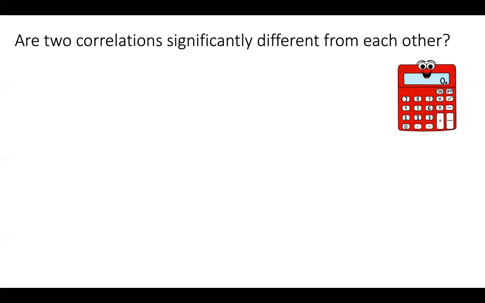Or they were interpreting it as a significant difference if the correlation coefficient for one group was significantly different from 0 and the other correlation coefficient was not significantly different from 0.